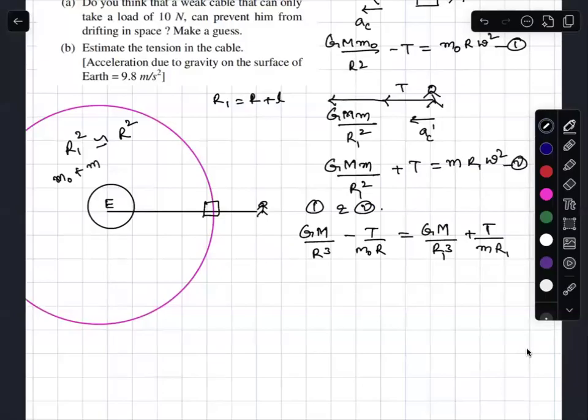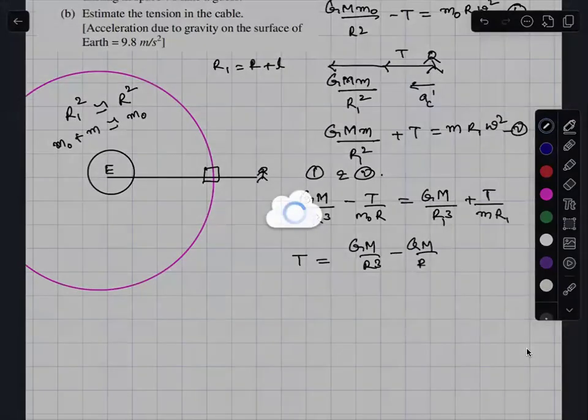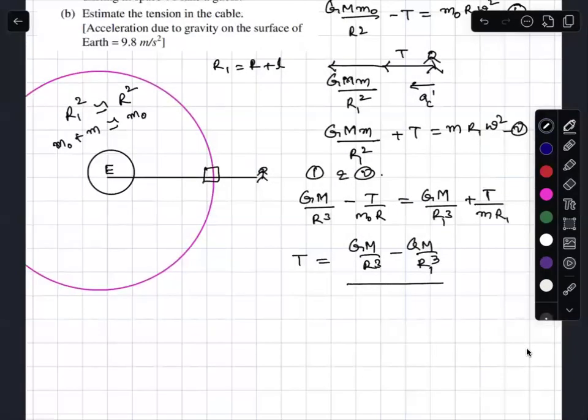So whenever it is possible, M naught plus m, I will almost consider as M naught. Now cheating starts. So with this equation, I can write the tension term as G M by R cube minus G M by R1 cube divided by 1 by M naught R plus 1 by m R1.